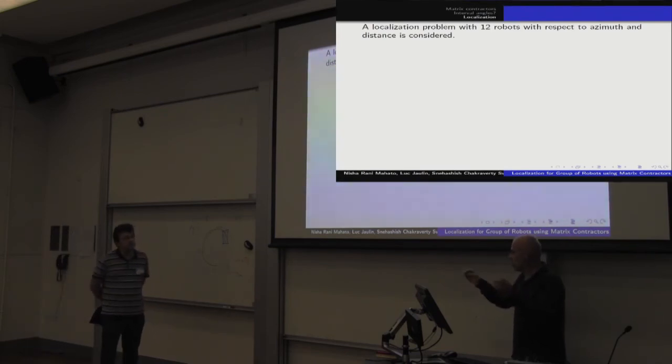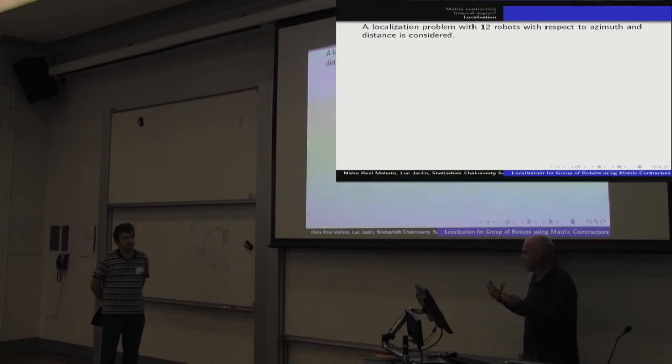to have a formation. They need to be at a specific place with respect to the others, for instance to have a specific shape, triangle, square, and so on. So it is important to know the geometry of the group. But since you don't have a GPS system, you cannot have absolute localization.